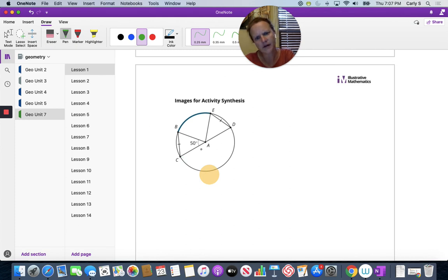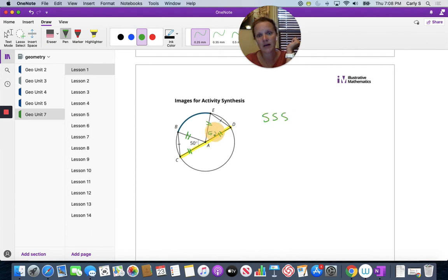More. What's really cool here is I have 180 degrees because that is a diameter. Therefore, this is congruent to this. I should use 2 tick marks. That's congruent to that. Oh, here's another radius. Therefore, we can say the triangles are congruent because of side, side, side.